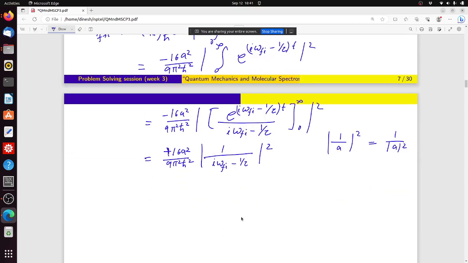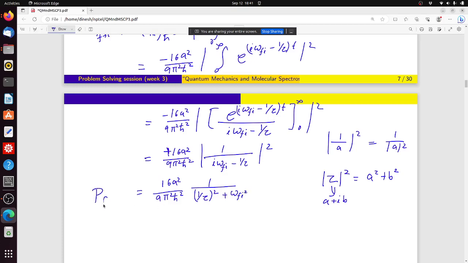You might know the mod of Z, where Z is a complex number. I can write this as A plus iB, then mod of this square will be A square plus B square. So in this case we will get 16 a square over 9 pi square h cross square, times 1 over (1 over tau square plus omega fi square), right?